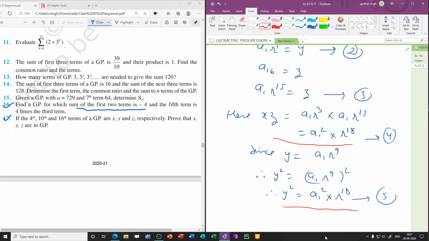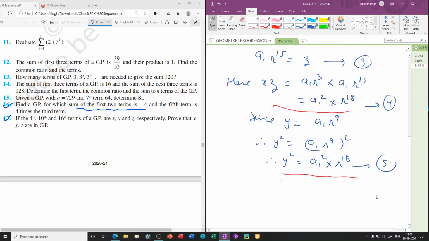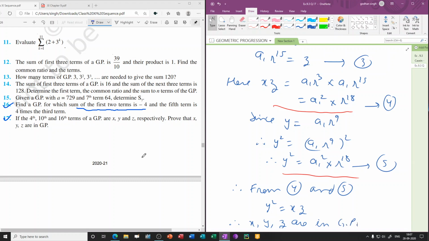Therefore from 4 and 5, y square equal to xz, and therefore we can say that x, y, z are in GP. So this is the solution of question number 17.